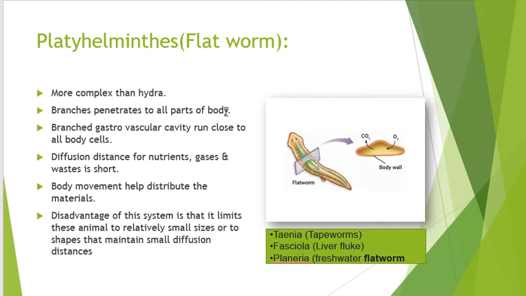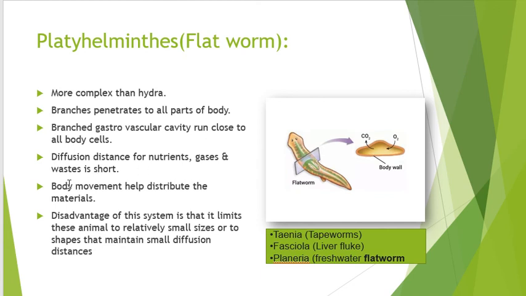In these, the main evolution is the formation of branches that allows the materials to diffuse and reduces the diffusion distance, meaning the materials are mostly transported to the nearest part of the body which needs the materials, and they have a broad vascular cavity that runs close to the body cells.